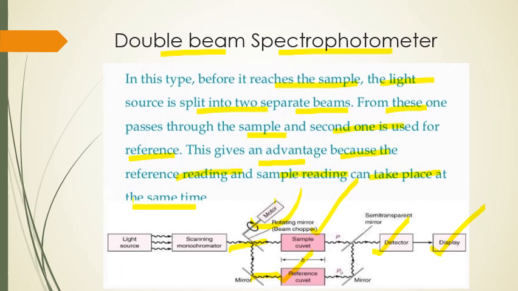So the double beam spectrophotometer has the advantage over the single beam spectrophotometer. Even though the single beam spectrophotometer is less expensive, it is time consuming. But with the double beam spectrophotometer, within a short time you can have your results simultaneously for the sample and the reference cell.